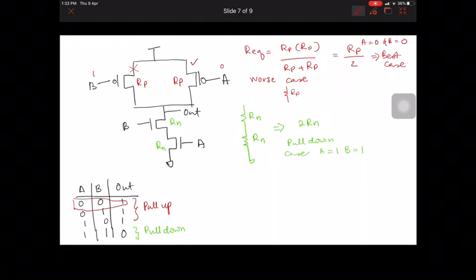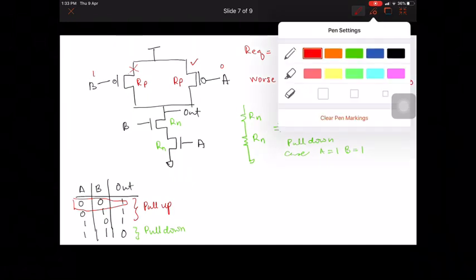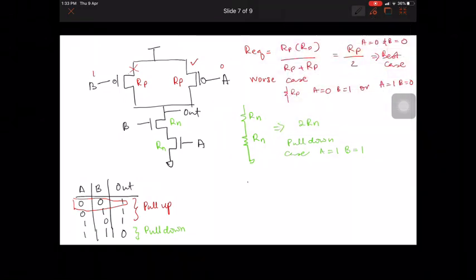This is the same case for Rp if A equals 0, B equals 1, or A equals 1, B equals 0. So now when we put the full circuit, we have to put the worst case. That means this is the value of Rp, and for Rn, the value is 2Rn.